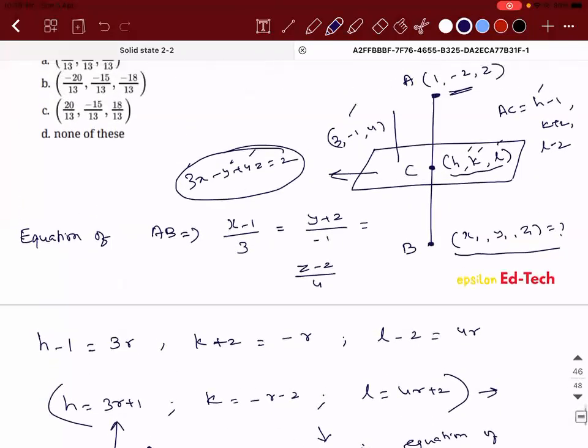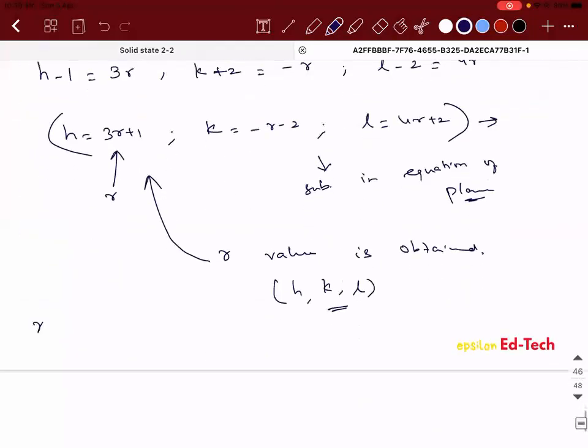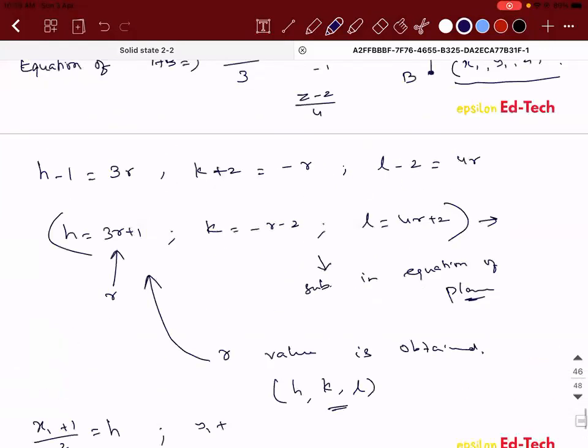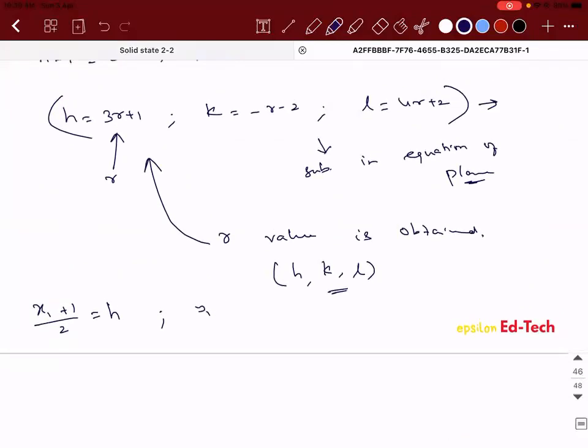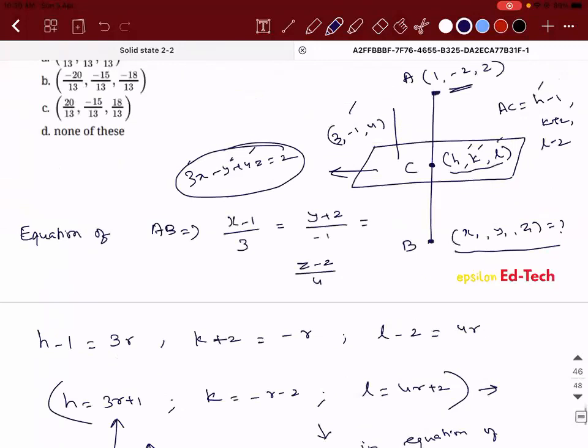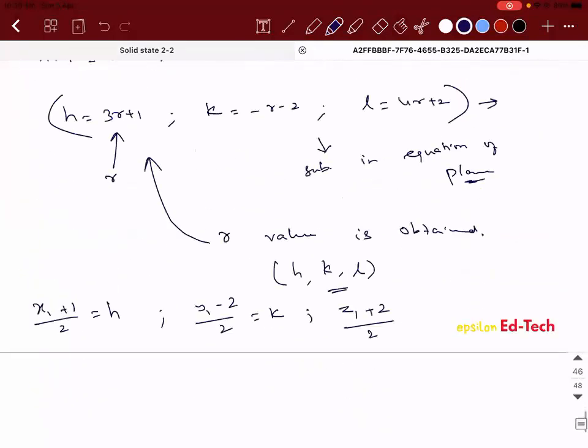Since they asked you about the image, what you can do is (x1 plus 1) divided by 2 is h, (y1 minus 2) divided by 2 is k, and (z1 plus 2) divided by 2 is l.